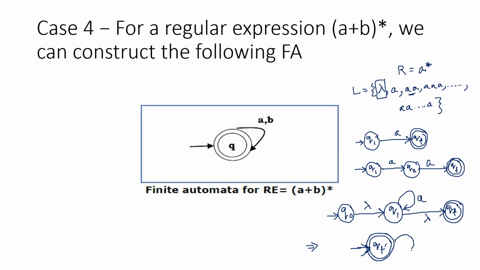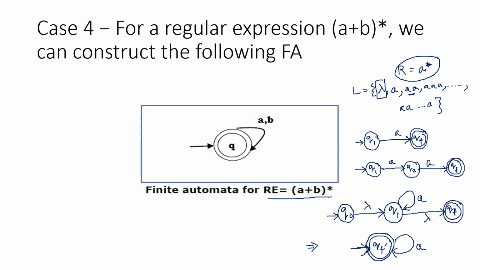And we have a self loop in this particular case, A, which represents this regular expression R equals A star. So the case that is represented over here is given R equal to (A plus B) whole star.